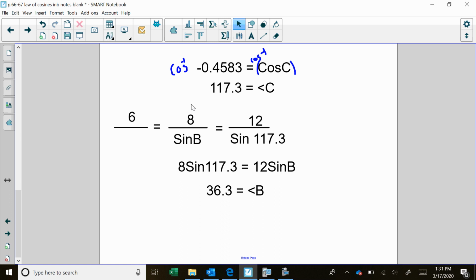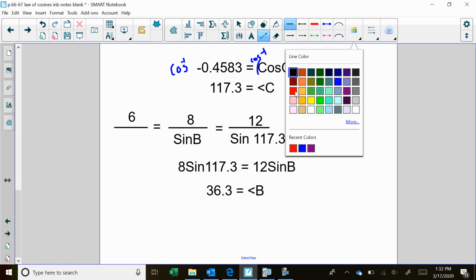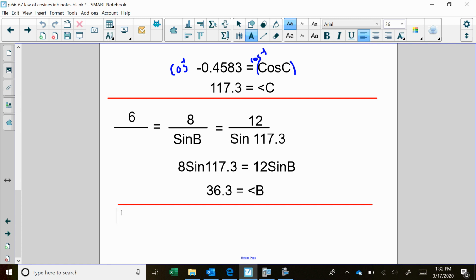And then finally, we use the triangle sum theorem to find the third piece of information that we're missing. So we know 180 degrees is what a triangle adds up to be. We calculated 117.3. Now we're going to take away the 36.3.